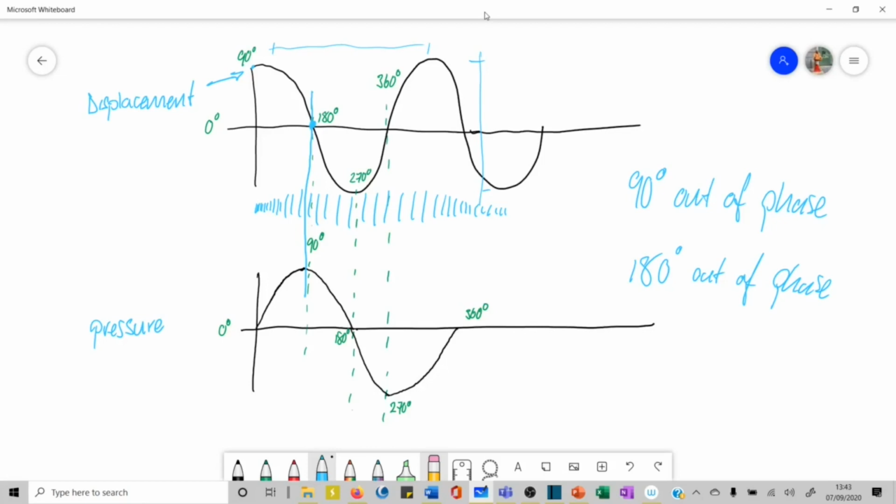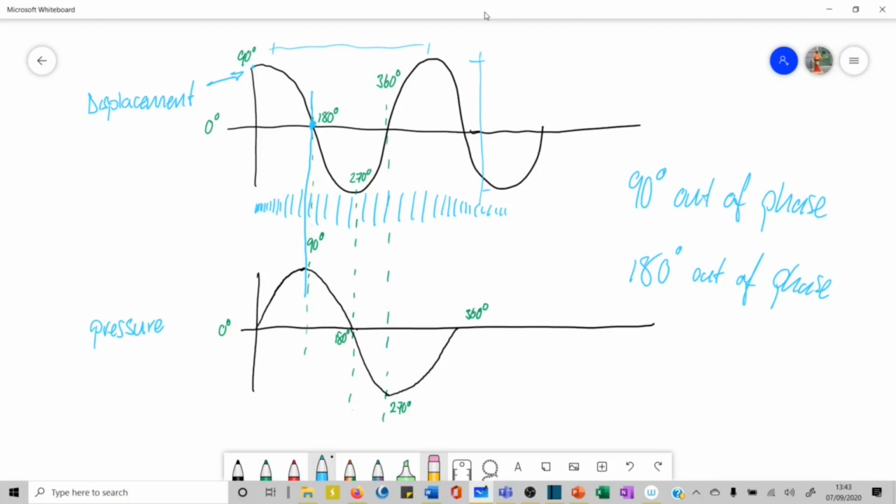Now I know that's confusing. It can be confusing. And sometimes when I go into this lesson, I look at it and think I have to make sure I know what I'm talking about here, because it does get a little bit. You've just got to think about this 90 degrees. The pressure wave starts at 0.